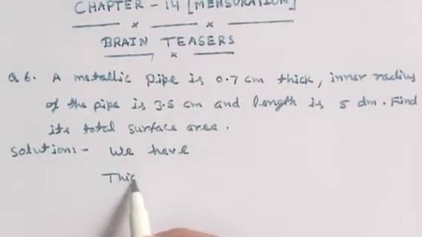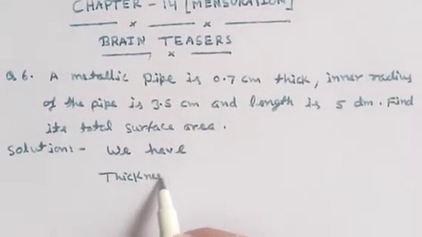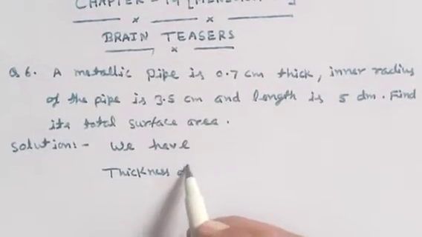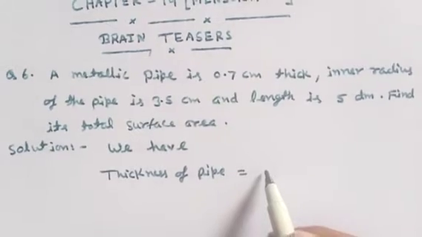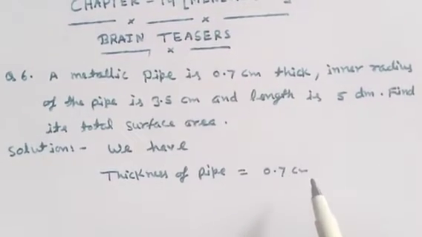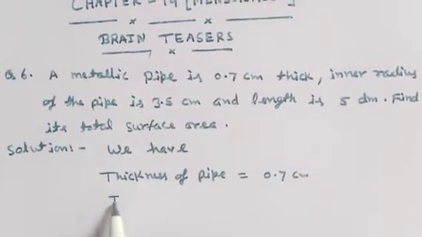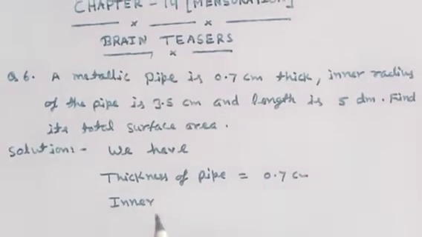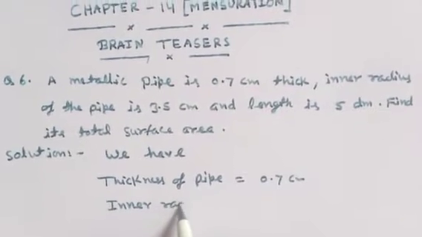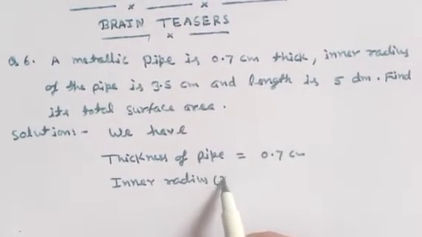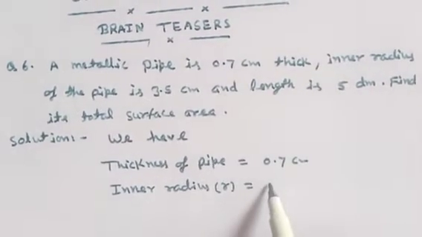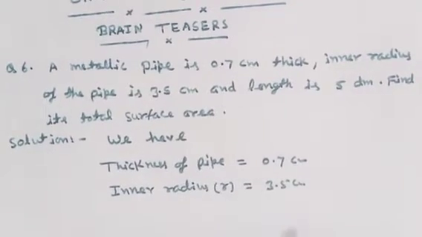Thickness of pipe is 0.7 centimeter. Inner radius denoted by a small r equal to 3.5 centimeter.